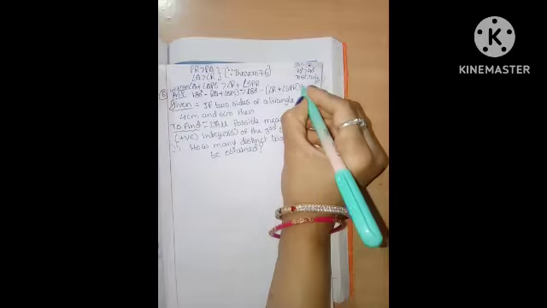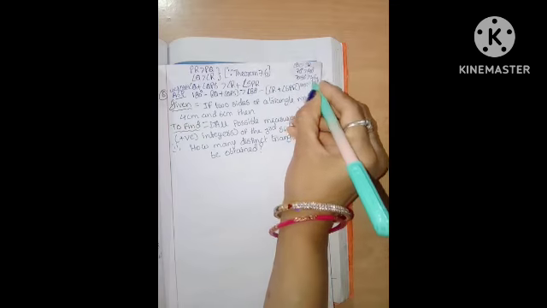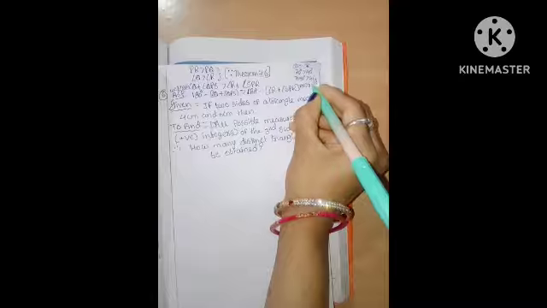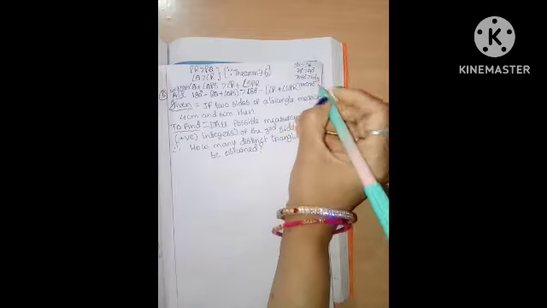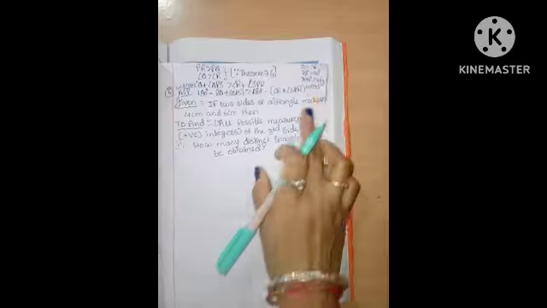The sum is also greater only. 70 plus 30, it is nothing but 100, is greater than 40 plus 30, which is 70 degrees. The sum is also greater only. No changes are happening here.